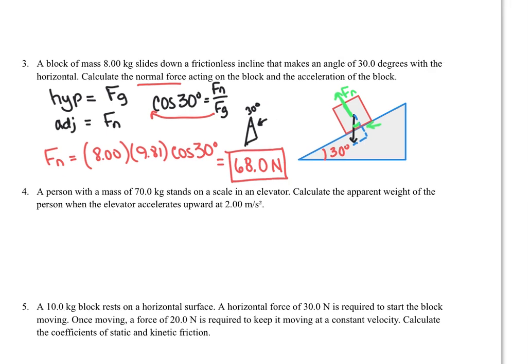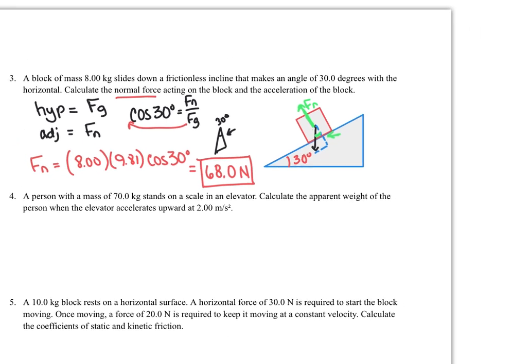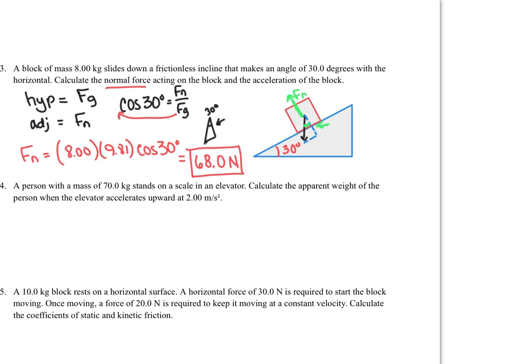All right, now we have to use the parallel movement here, the one that's working parallel. The one that's working parallel is going to be my opposite side. We're going to say the force that's going this way is going to equal the mass times the acceleration. The first one we were just calculating the force.